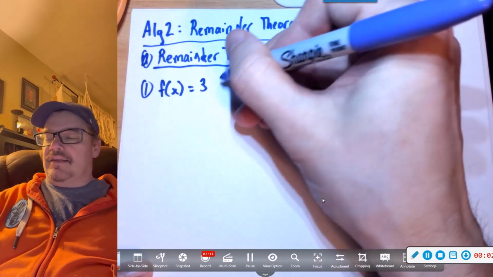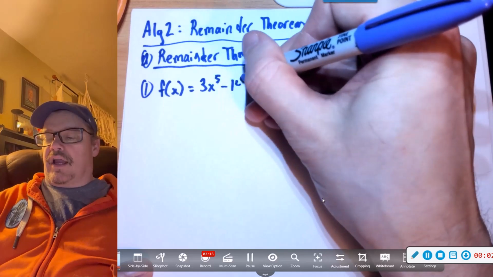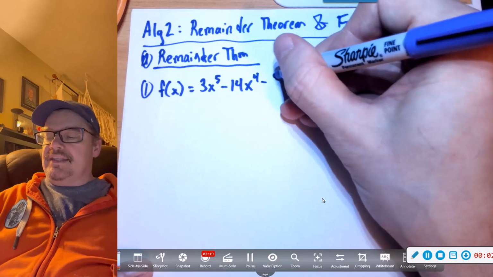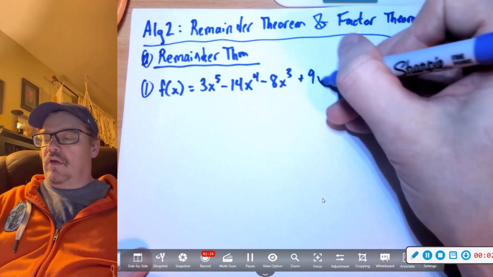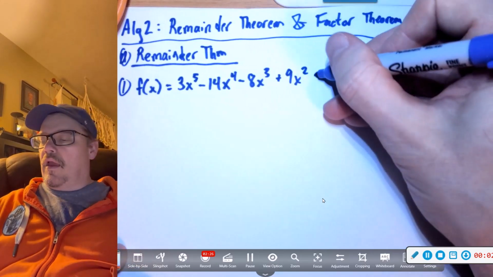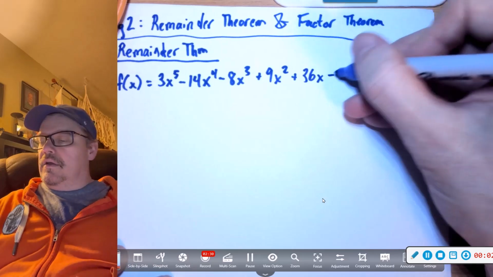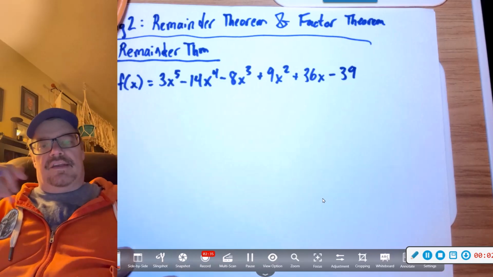Let's say that you've got this crazy 5th degree polynomial, and I'm going to make sure to copy this down very carefully. This crazy 5th degree polynomial with all these terms, and minus 39.